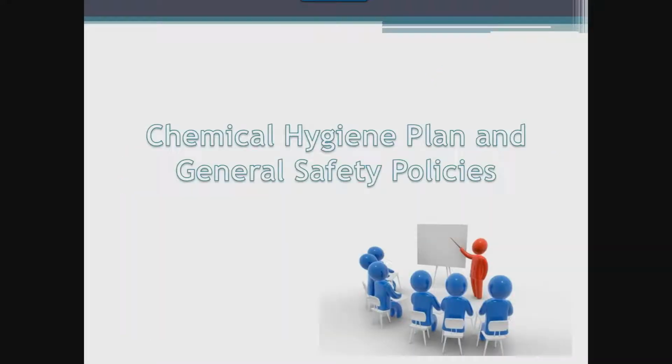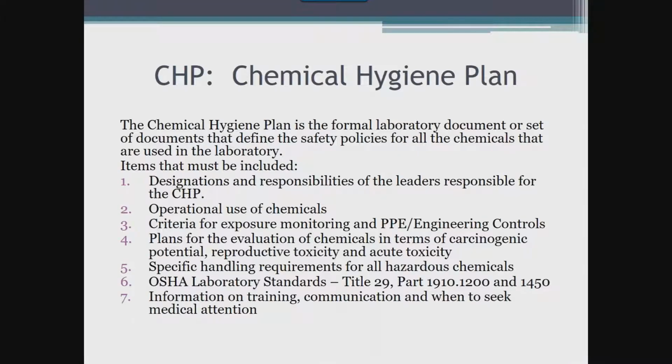We're going to start by reviewing the purpose and composition of a chemical hygiene plan, as well as the need for a repertoire of general safety policies. The chemical hygiene plan is also known by the acronym CHP. It is the formal document or set of documents that define the safety surrounding all chemicals in the laboratory.